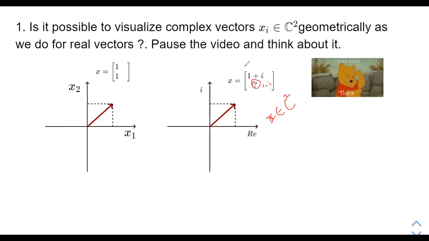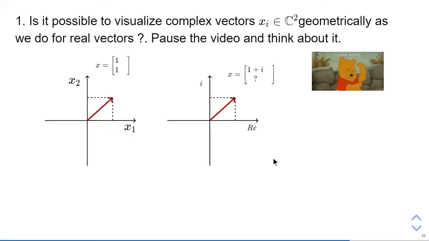Think about it. Is it possible? Obviously, it is not possible to visualize a vector from C2 or greater than C2, right? The reason is, if I want to plot the other element, I need two more axes.